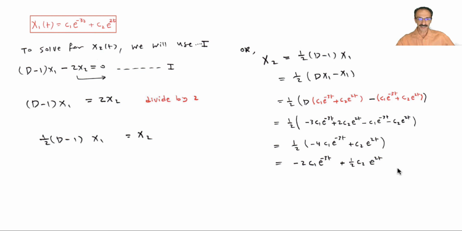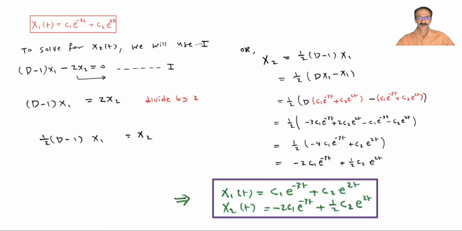So what's the solution now? We have x1, we have x2, and here we go. So x1 equals and x2 equals. Done with this problem. Kind of neat, right? Using algebra to solve with elimination.